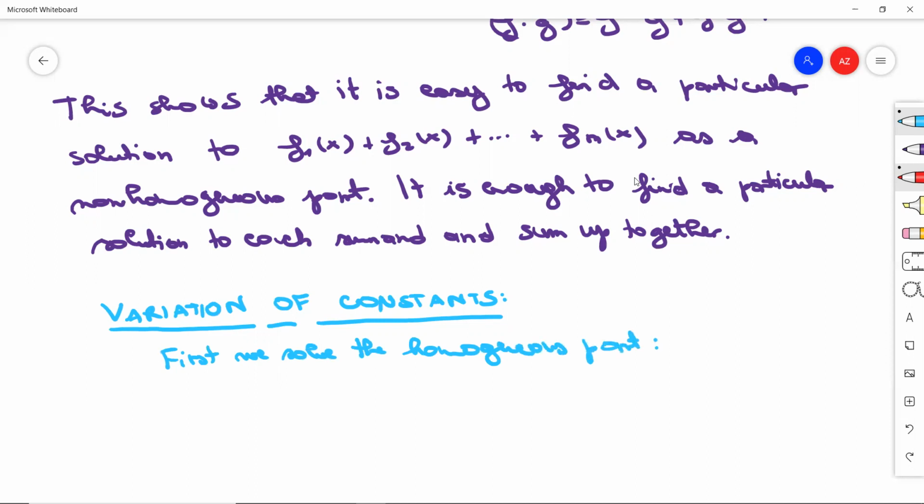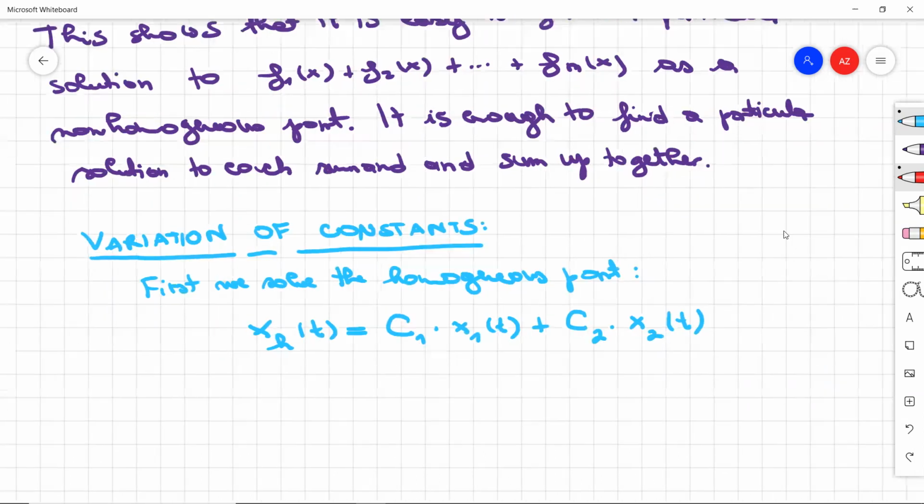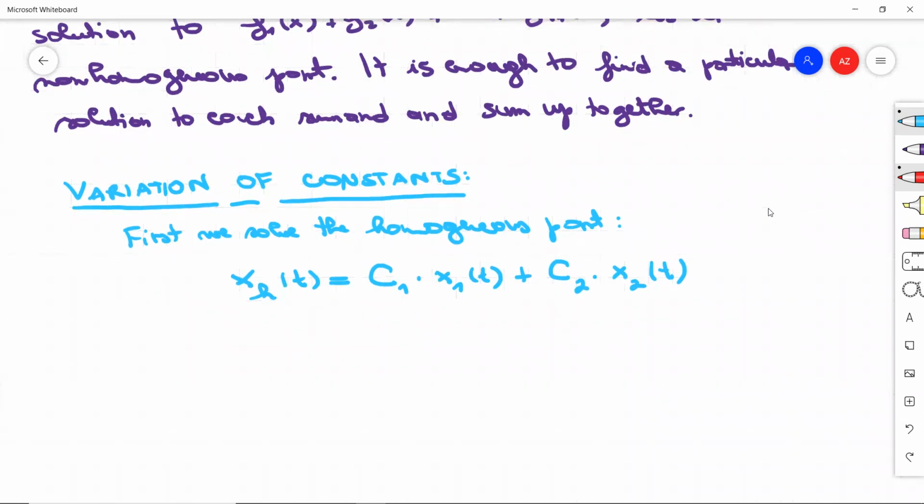And we know that the homogeneous part will have two parametric solutions. x_h of t is some constant times the first solution plus some constant times the second solution. And now we do the same trick.